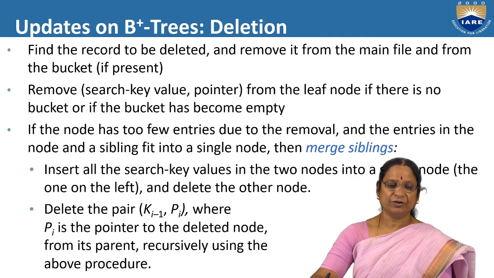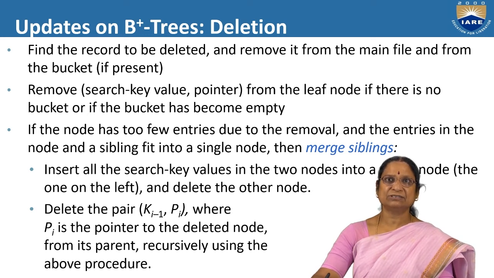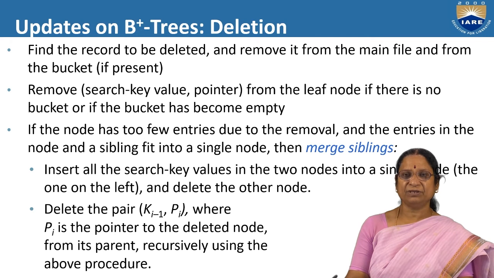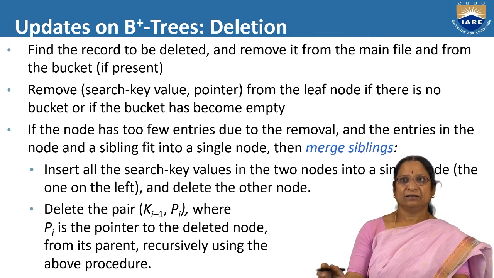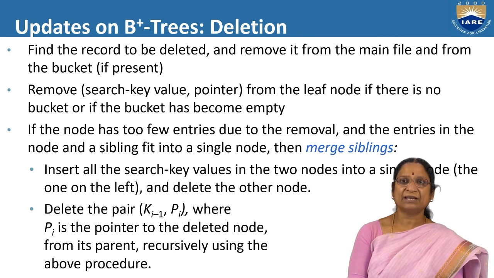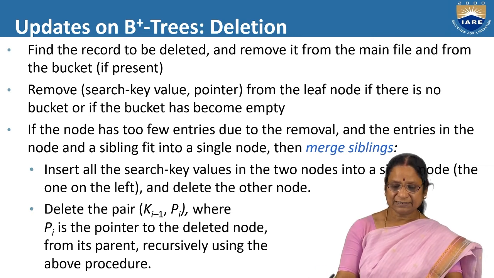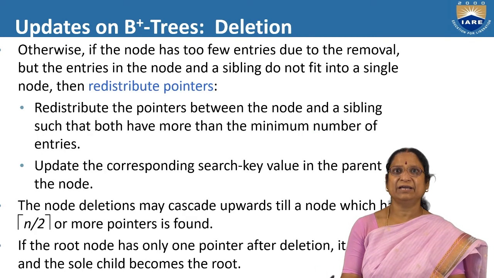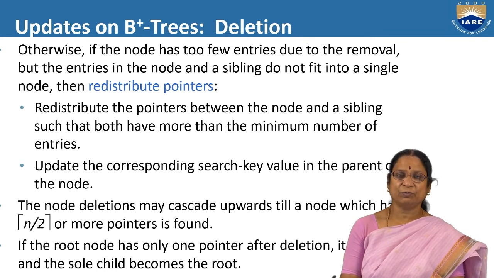So find the record to be deleted and remove it from the main file and from the bucket also, and also from the leaf node, and merge the siblings if they have the minimum required number of values, that is n/2. This merging is propagated in the upward direction depending upon the required processing.